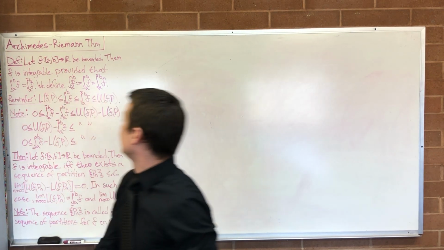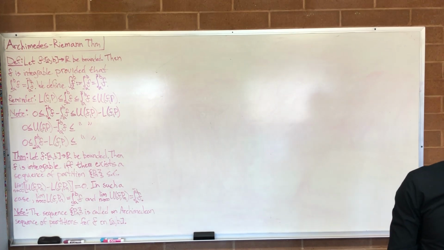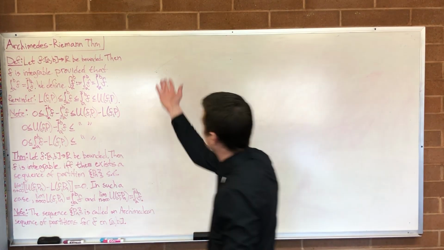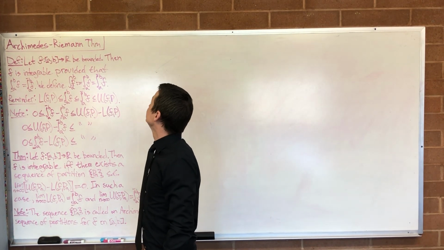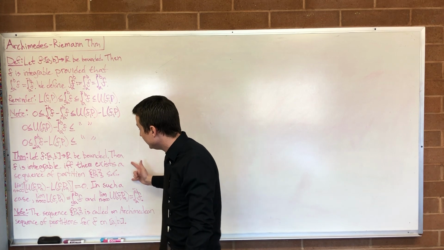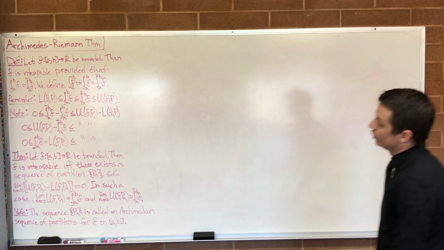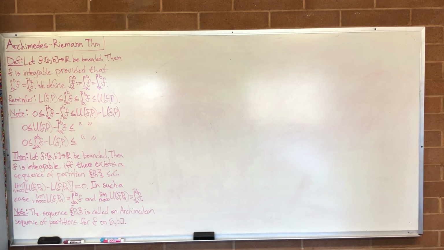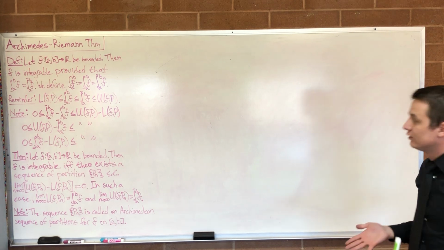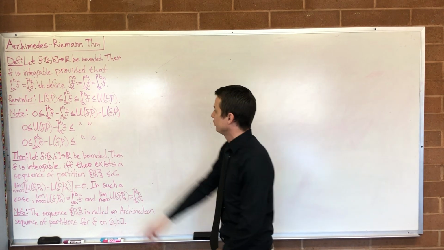Okay, so section 6.2 is all about the Archimedean-Riemann theorem, or the Archimedes-Riemann theorem, which is going to be this theorem right here. Ultimately, it's going to be a theorem that tells us when functions are integrable.